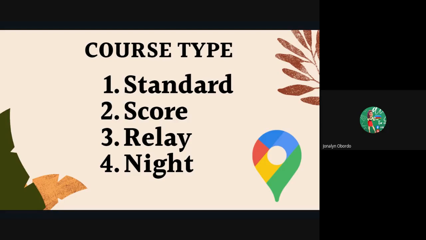That's a relay. And another challenging course type, my dear students, is the night course type. In the US, before the pandemic, this type of orienteering activity, the night, was really hyped. Why? This refers to any type given above: standard, score, relay.